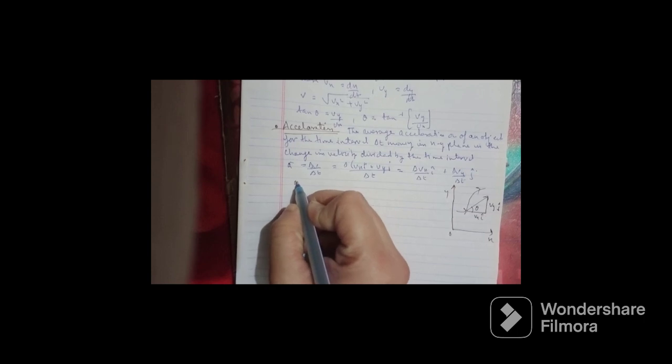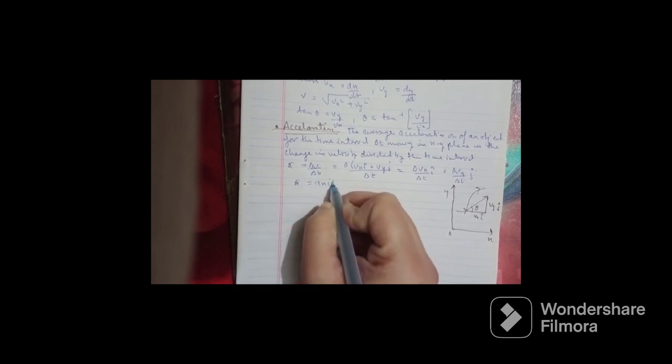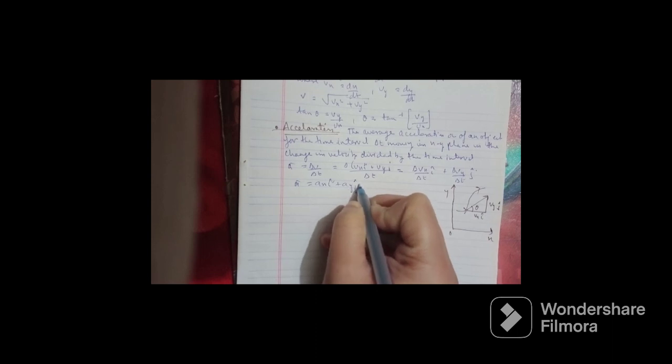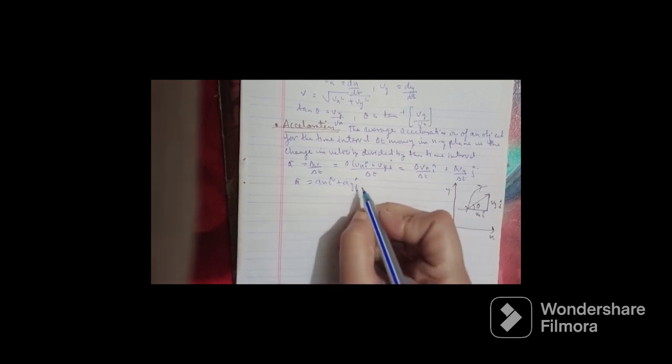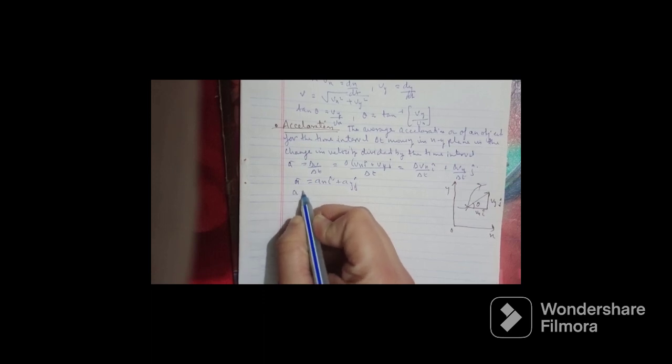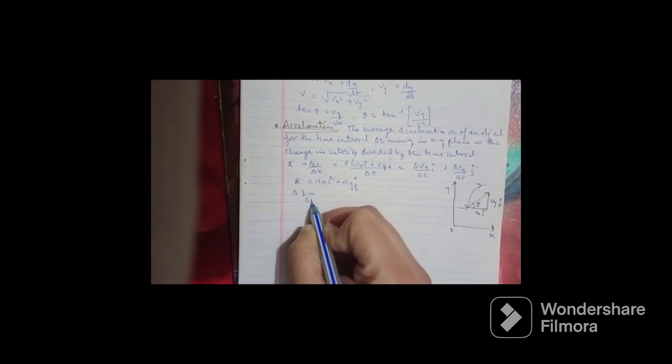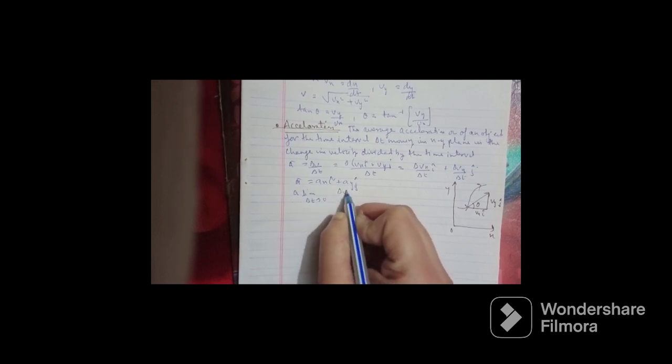Note that Vx equals V cos theta, Vy equals V sin theta, or we can say that A bar equals Ax i cap plus Ay j cap here. So the instantaneous acceleration is the limiting value of the average acceleration as the time interval approaches 0. So for that it will be the limit as delta t tends to 0 of delta V by delta t.